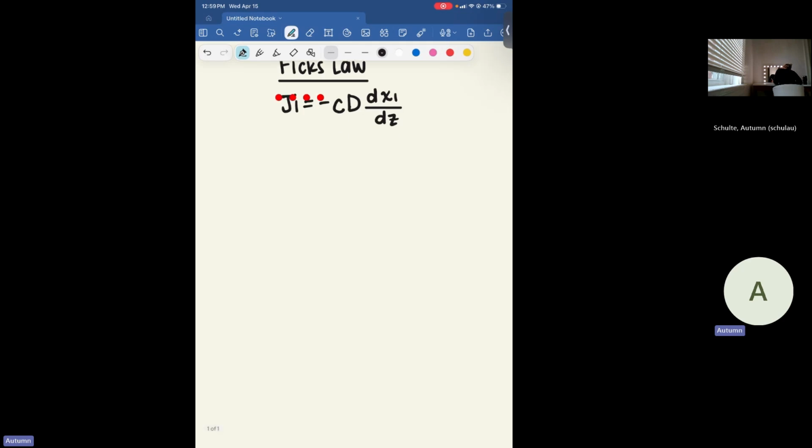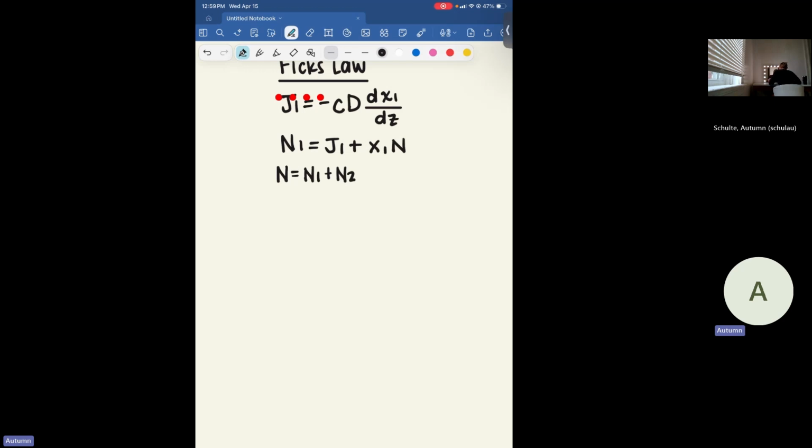This other equation says that the molar flux of component 1 is equal to the molar diffusive flux of component 1 plus the mole fraction of component 1 multiplied by the overall molar flux. Now this overall molar flux can be written as the molar flux of component 1 plus the molar flux of component 2.